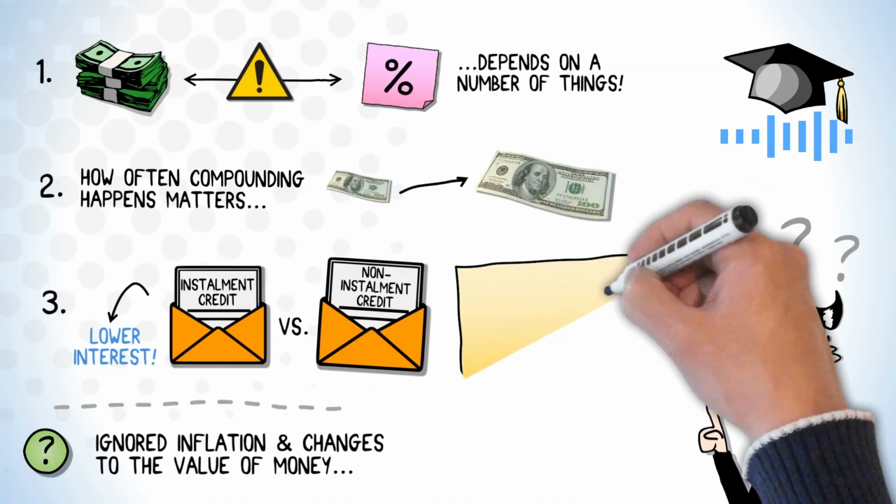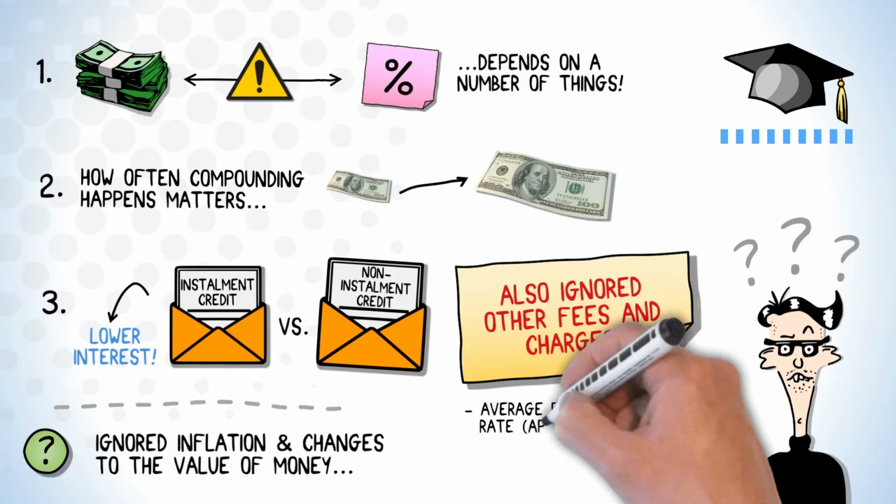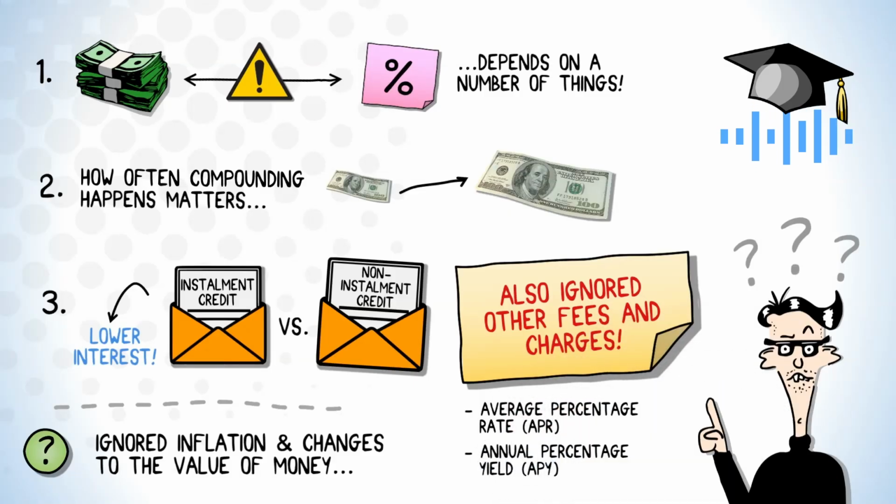On a more practical level, we've also ignored fees and other charges that borrowers or investors often face. To inform people about these extra costs, it's often compulsory for lenders to state effective measures or metrics of interest. Examples could be the annual percentage rate, APR, or the annual percentage yield, APY.